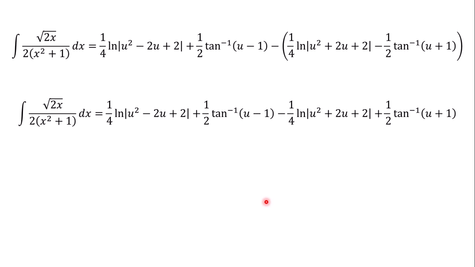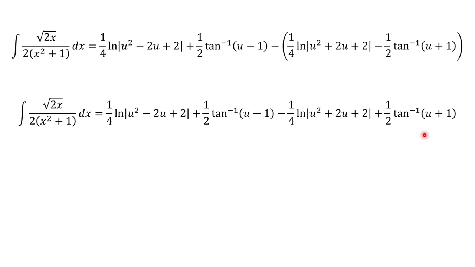When we apply the same thing here, that is what we are going to get for this and then that. This one is positive and also this one is positive.